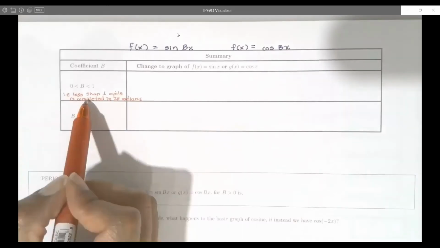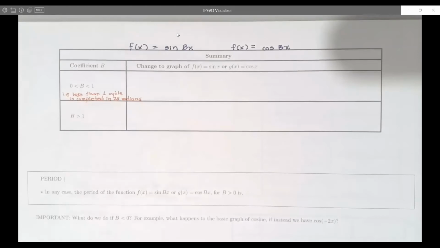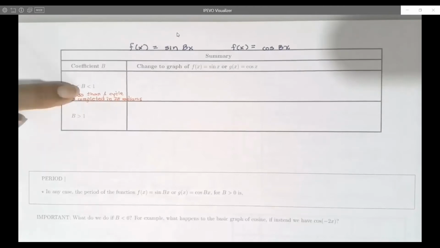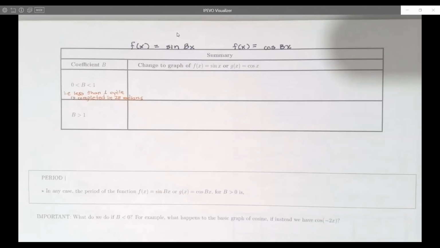So what would that be saying about the new period, if it's not going to be complete by the time we reach 2 pi, and originally the period used to be 2 pi? It could potentially double, yeah. If b, for example, is 1/2, then it could mean that we have 2 cycles.